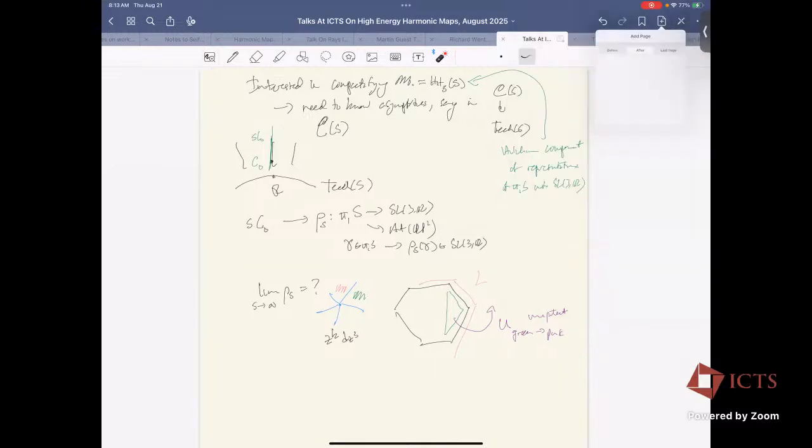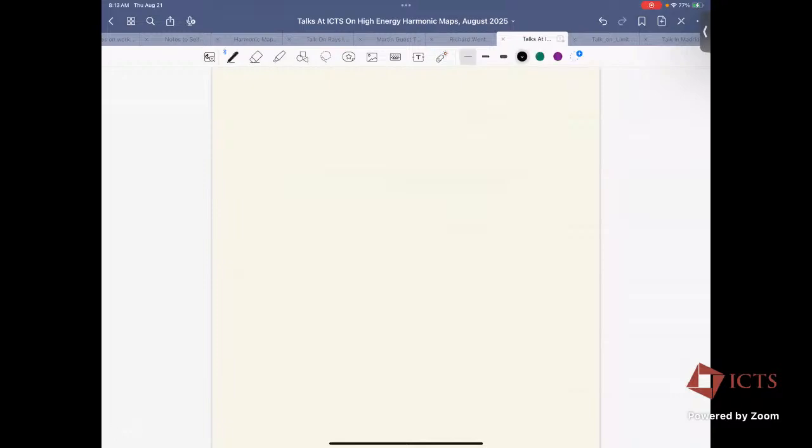Okay, so let's take a chance and go back 40 years and ask what happens in H2. So this is the family. This is the moduli space of equivariant harmonic maps from R tilde to H2.